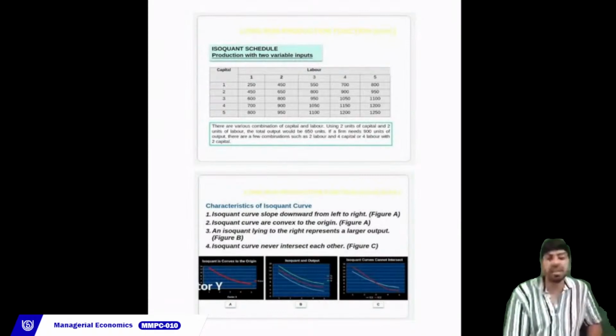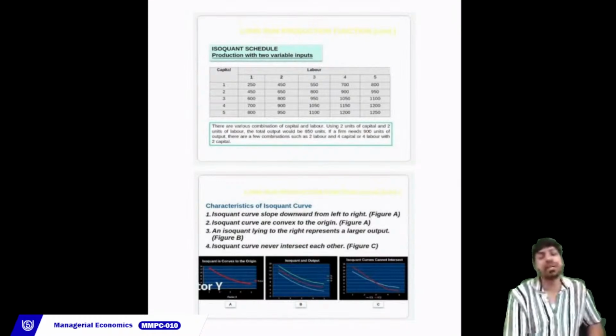It means in the first category of labor, the output increases at an increasing rate, and when we reach the second, third, fourth, or fifth type of labor, it also increases at an increasing rate.